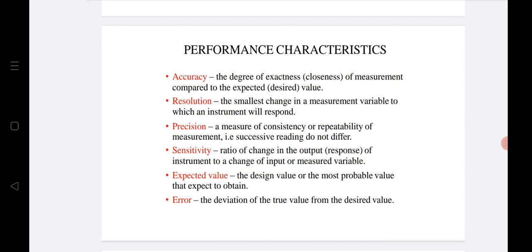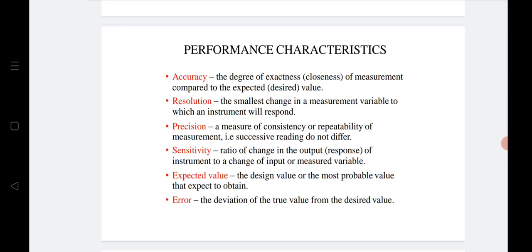That is known as resolution. Let us take the same example of a weight machine. If I put 1 gram of weight, there will not be that much change. If I keep 10 grams of weight, only then will the weight machine go up and down, so the resolution will change over there.